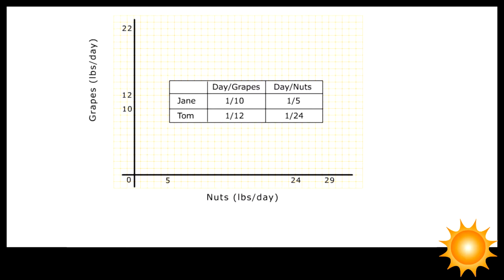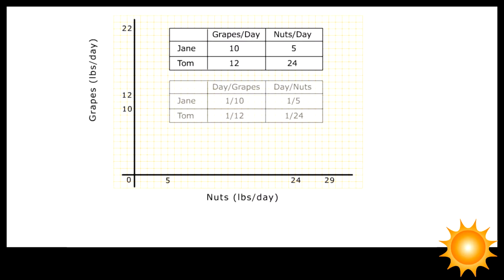But let's convert these time per unit output numbers into output per unit time numbers by taking the reciprocal of each table cell. Now we can plot these numbers into production functions for Tom and Jane.